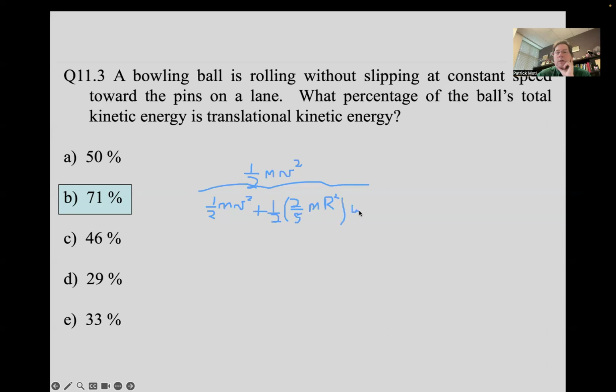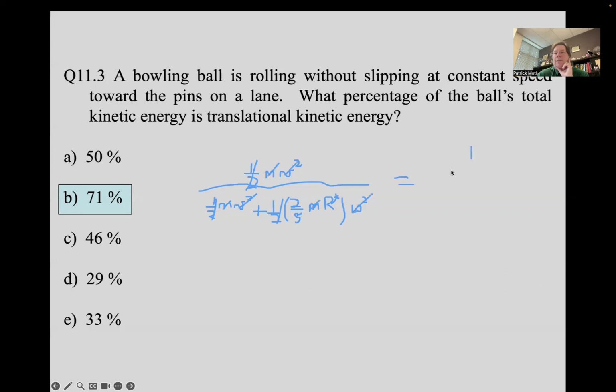And then rolling without slipping, our new good friend, or smooth rolling, is going to let a lot of this cancel out. So a half is in everything. Mass is in everything. That cancels out. And then v squared is the same as r squared omega squared, rolling without slipping.